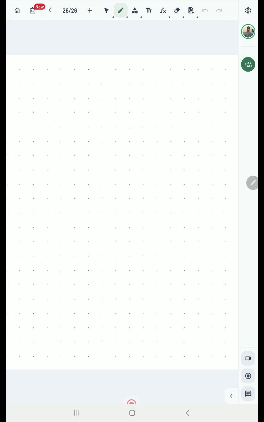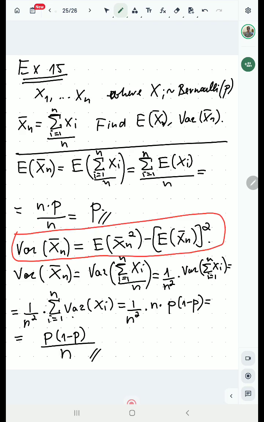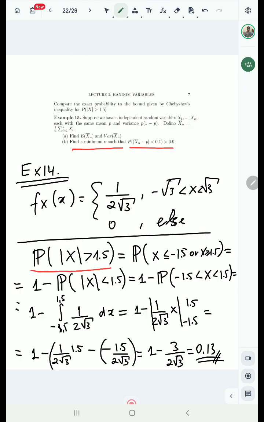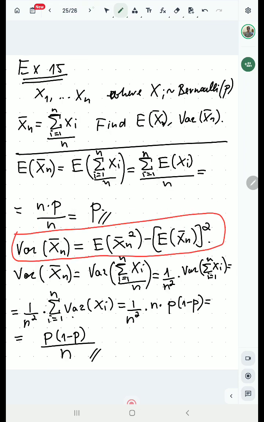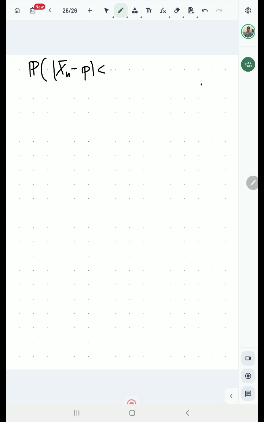So we have to apply another version of the Chebyshev here: the probability that x n bar minus p is less than 0.1 is greater than 0.9.